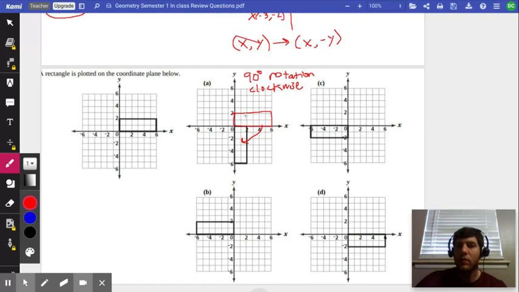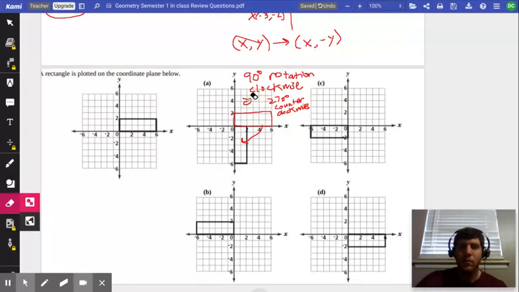Okay, you could have also said 270 counterclockwise.